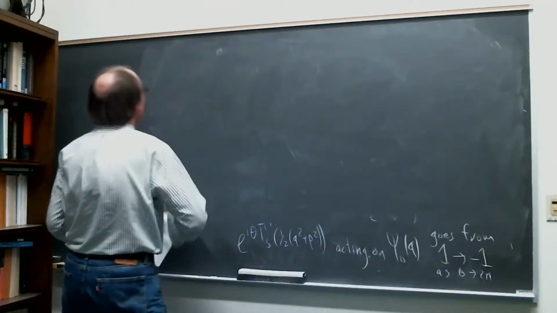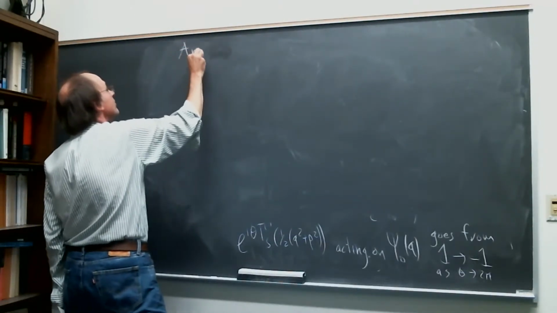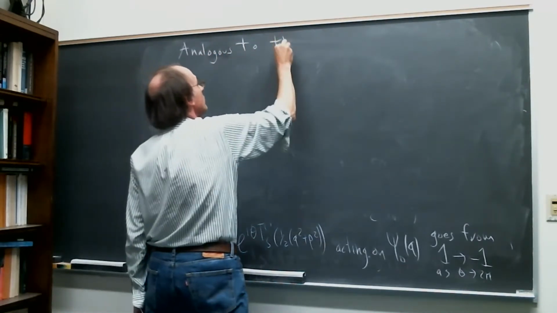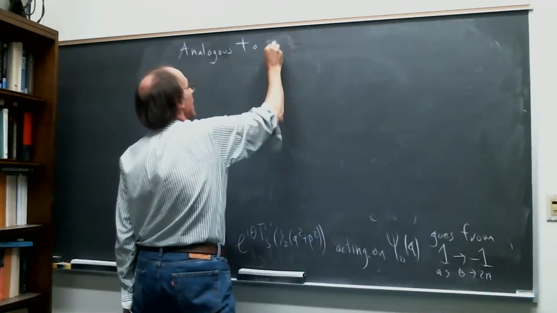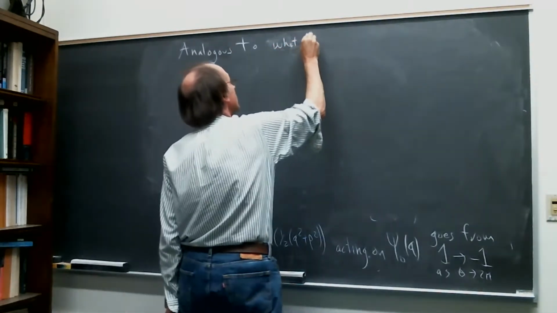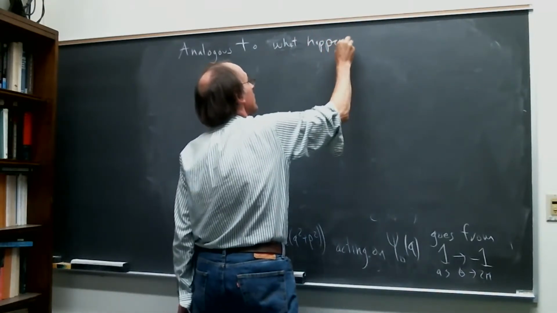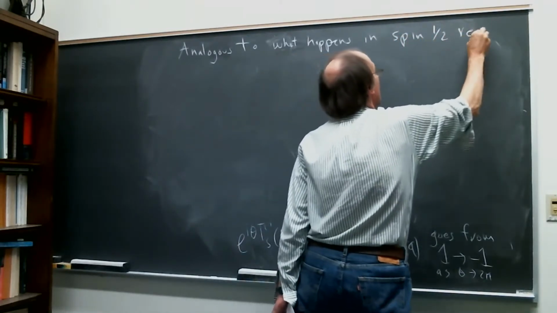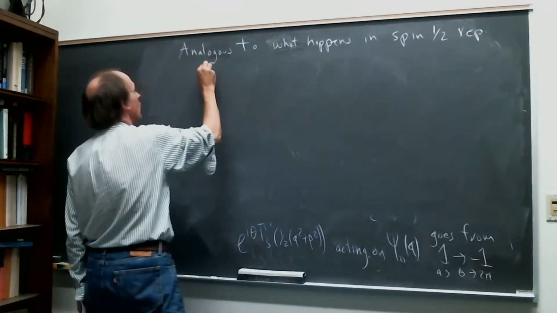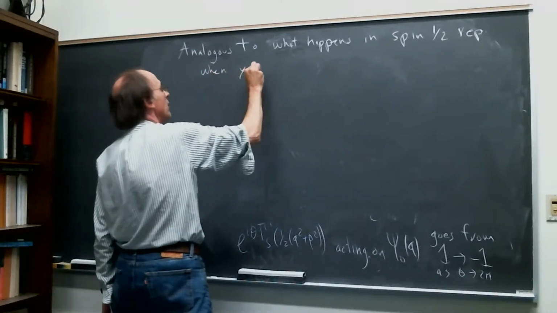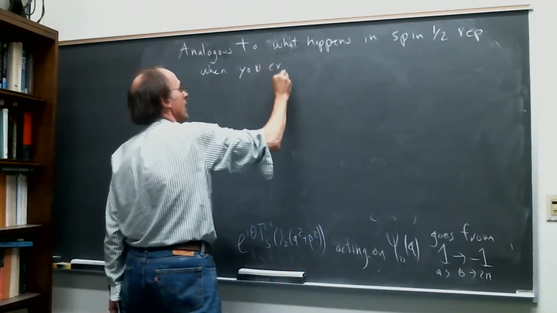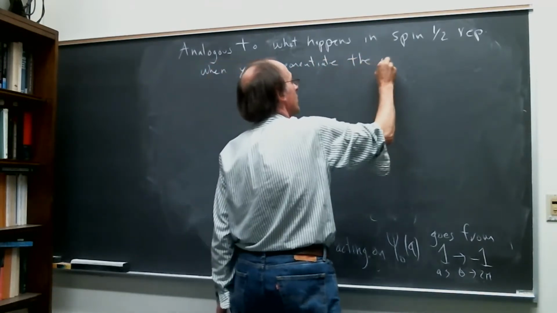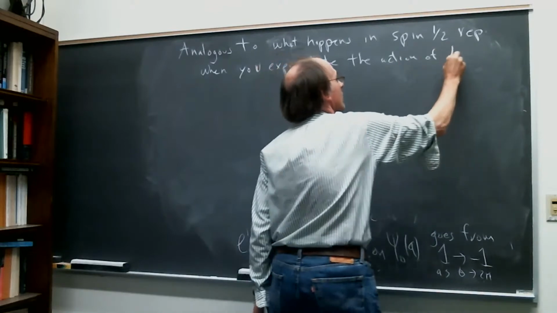So this is analogous to what happens in the spin half representation when you act and exponentiate the action of the SO3.